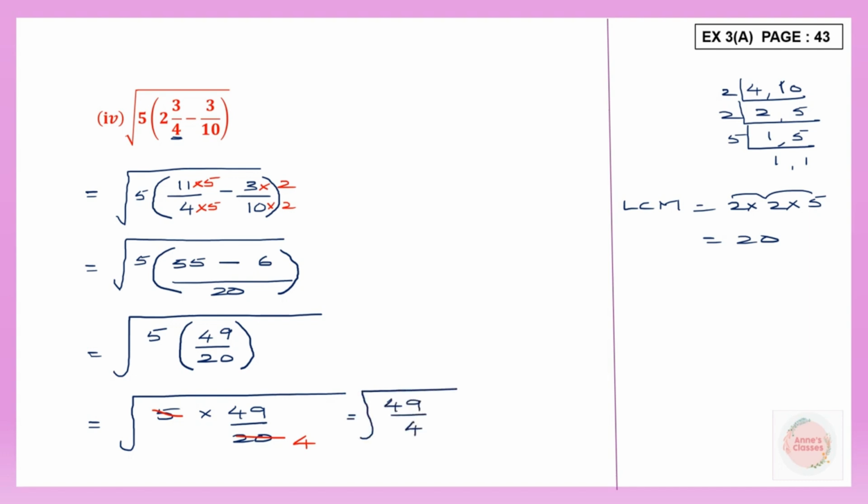Now if you know the square roots and squares, you'll understand that the square root of 49 is 7, and the square root of 4 is 2, because 2 2s will give us 4 and 7 7s will give us 49. Now our answer is 7 by 2. If you convert it to a decimal number, you will get 3.5. So this is our final answer, 3.5.